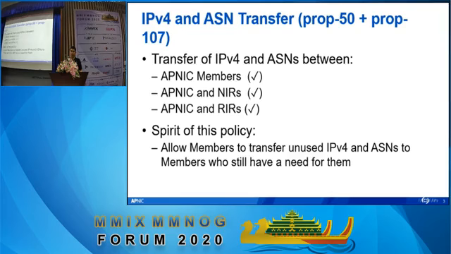But in the industry, there are still many organizations that still need IPv4 address to run their network because they are still not ready to deploy IPv6 yet. So that's why we still have this transfer policy to ease the exhaustion of IPv4.